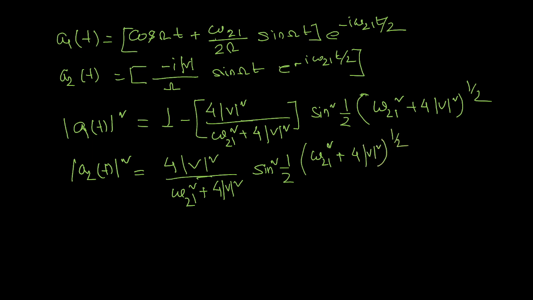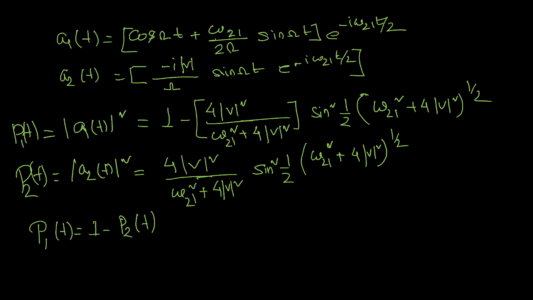Okay, now this is P1, this is P2 with respect to t. So what you can see is that P1(t) is 1 minus P2(t).